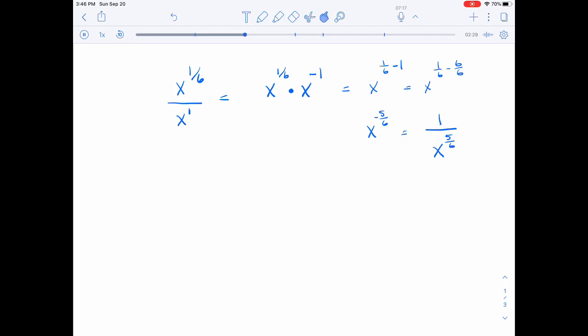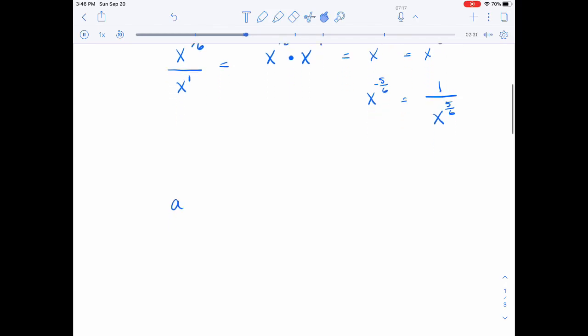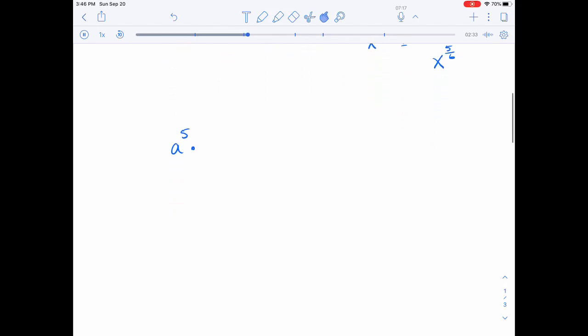Let's try another problem. How about a to the 5th power multiplied by a to the -1/2 power? Now, I recognize right away that I have the same base, so I can use the product of powers with the same base, and I can add my exponents.